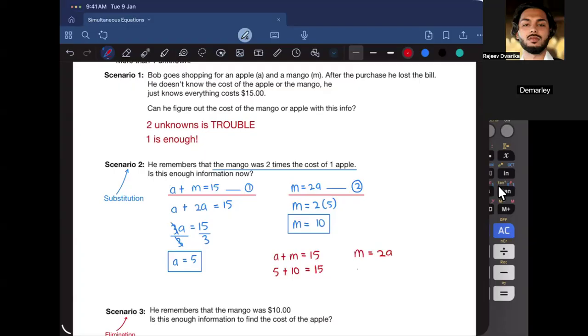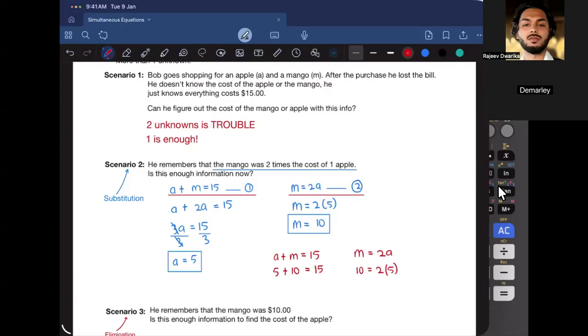So M is equal to 10, and that's supposed to be equal to 2 times the apple. Tell me, what did we find the apple to be? 5.